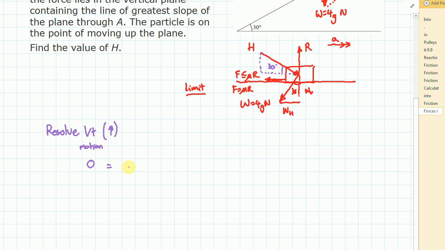Vertically, no motion is equal to the reaction force minus the weight vertically and minus the H force vertically.